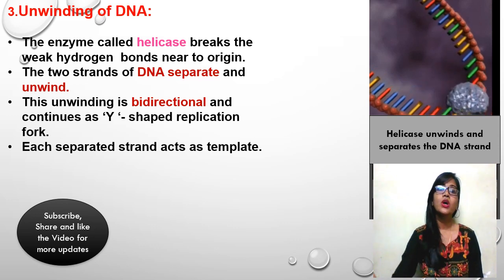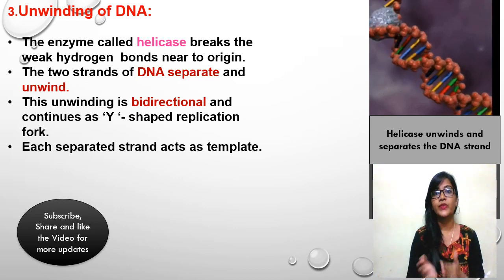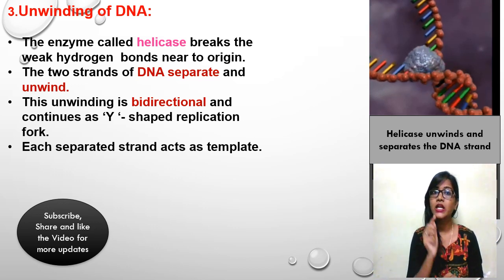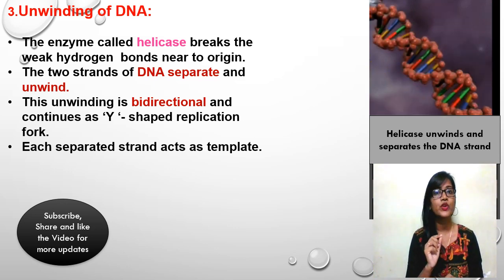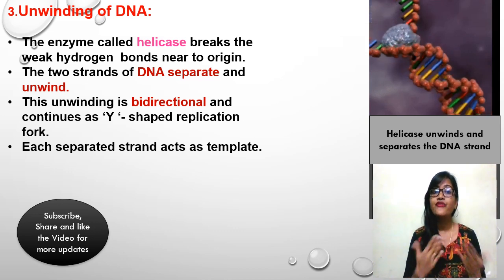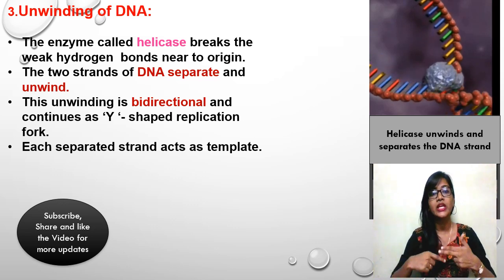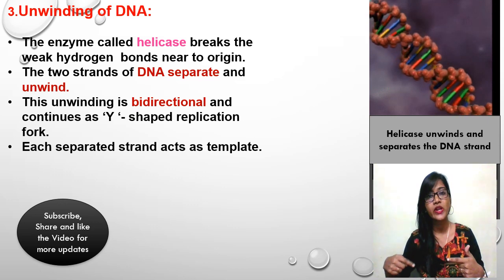When the cut occurs in the previous step, the enzyme endonuclease cuts the double-stranded DNA at the phosphodiester bond. So there is a cut, but after that, the unwinding of DNA is very important. When the DNA double strand is twisted, that untwisting is very important.